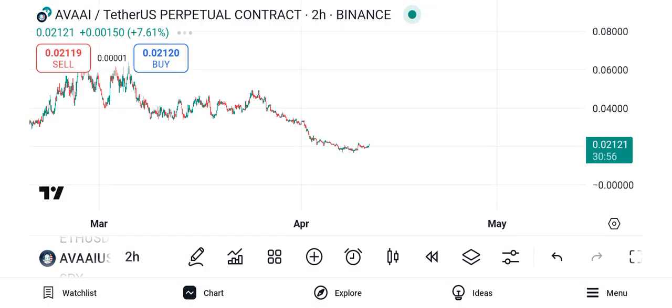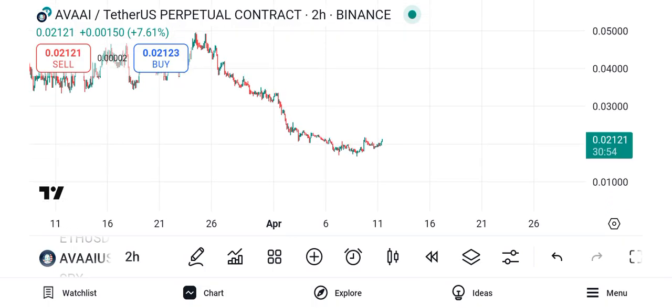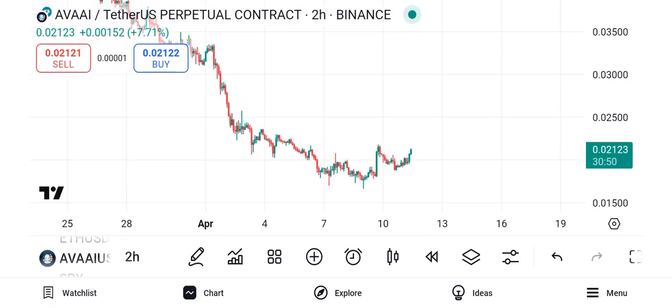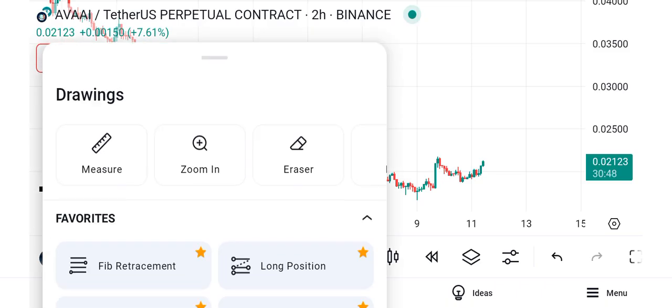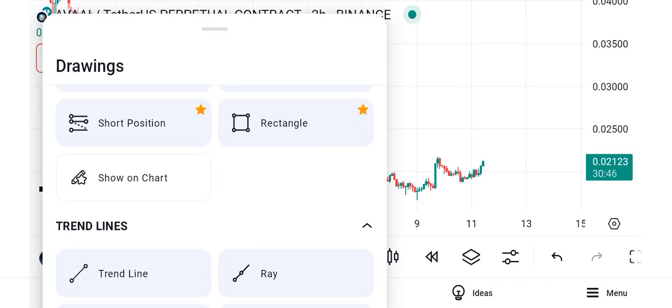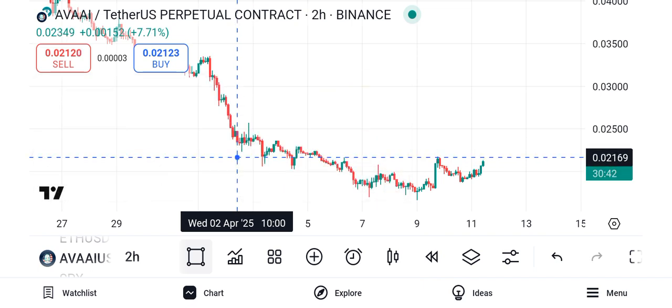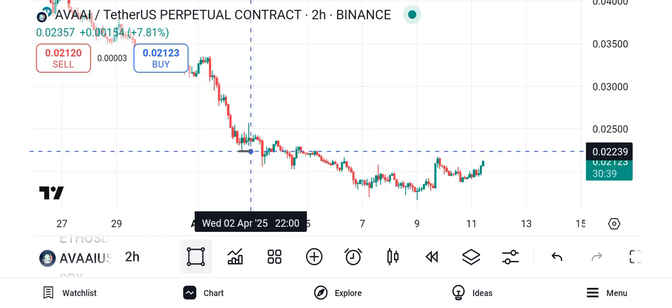Now, if you look very well, you see that this market has been coming down, breaking structure to the downside, as I just showed you guys using that illustration. This is a break of structure.